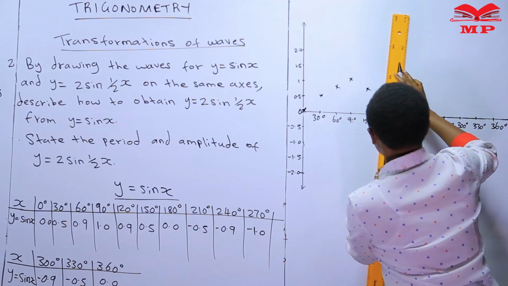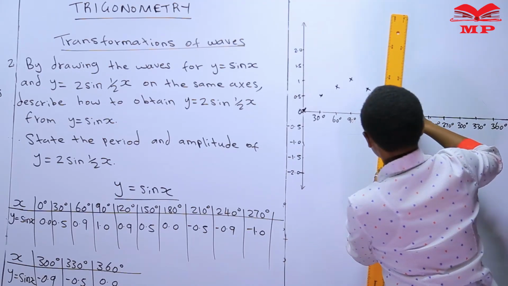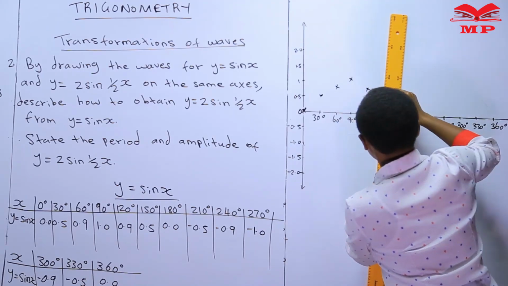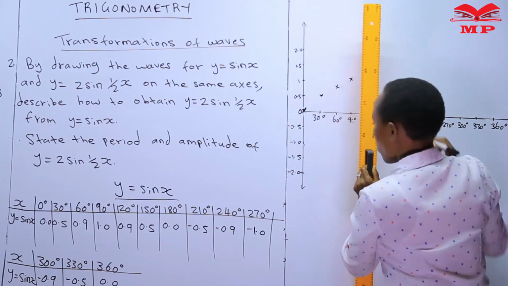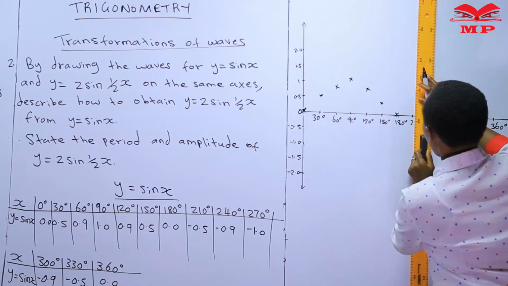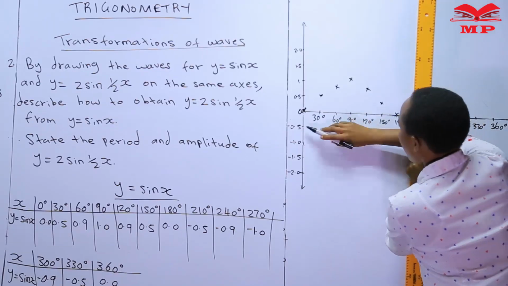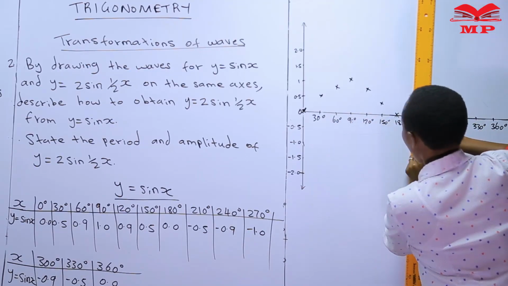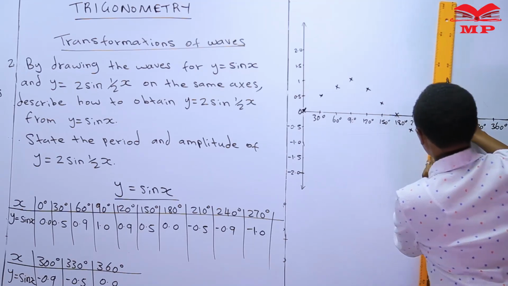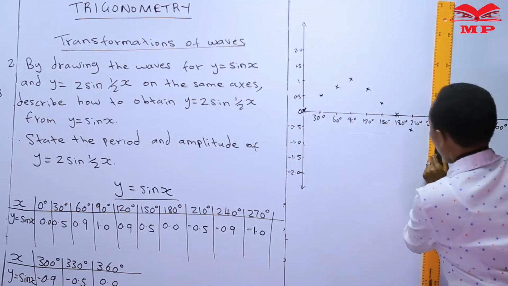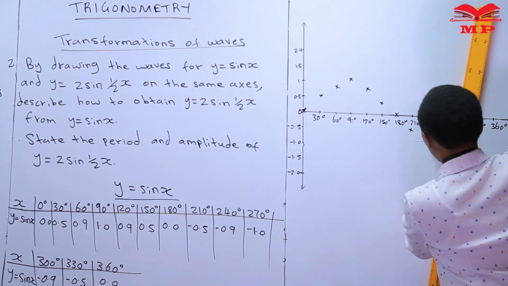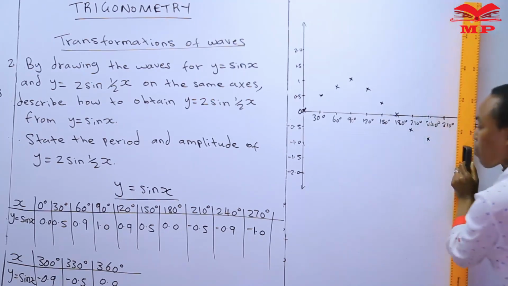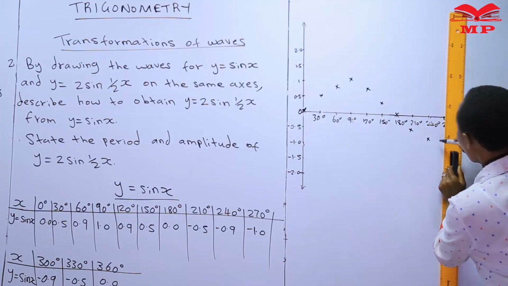Then we have 150, which is 0.5 at this point here. Then we have 180, which is 0. At 210, we have negative 0.5, which is this point here. Then we have negative 0.9, almost 1 here. Then we have negative 1 for 270.